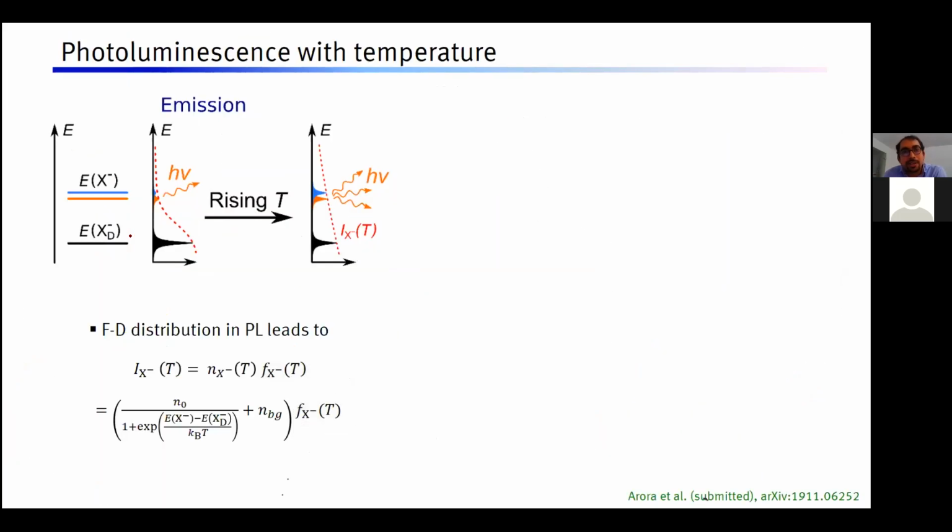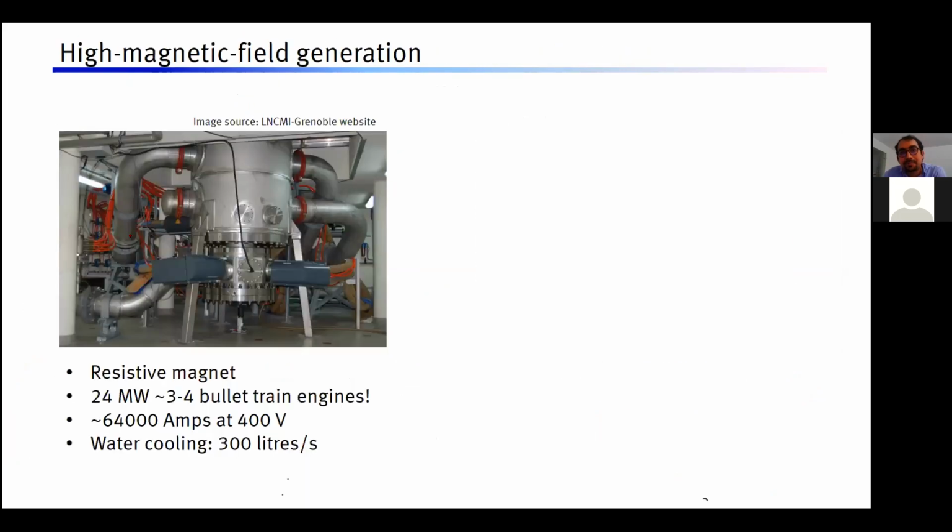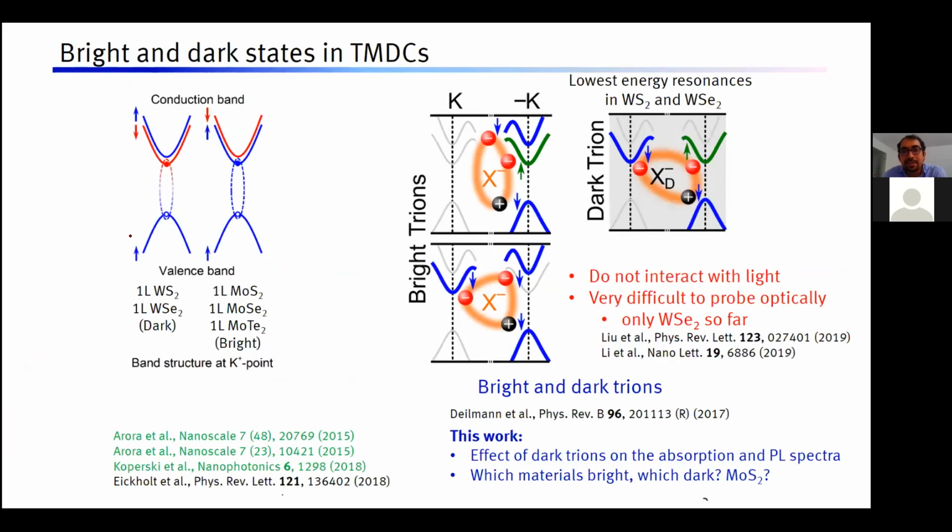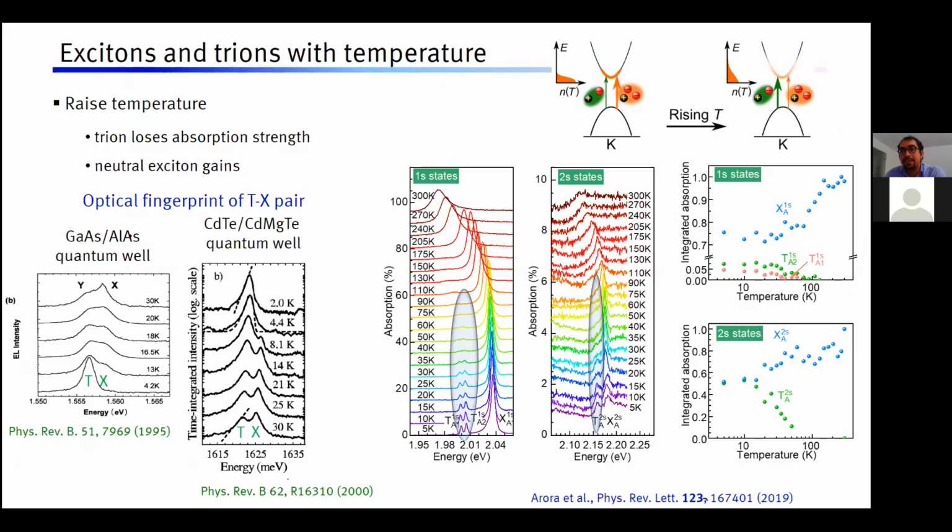Let's go back to the intensities for the 2s states. I think it's here. So this is the picture we are talking about, right? Okay, so what's the question again? The intensity difference between, for example, X1s, T1s, and X2s, T2s. At low temperature, you mean their oscillator strength is similar?